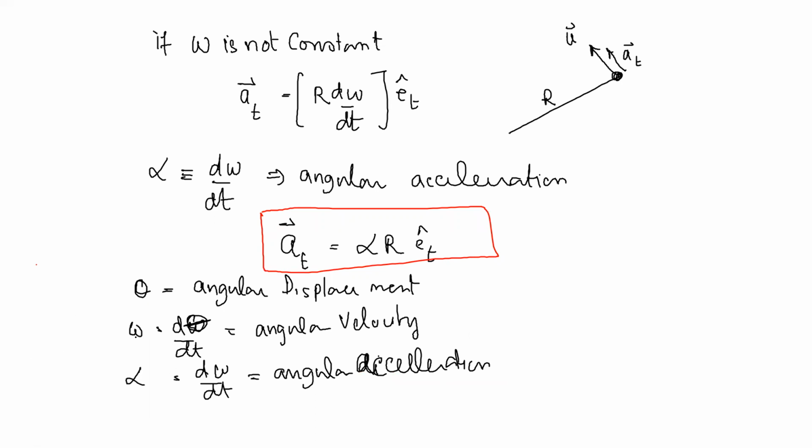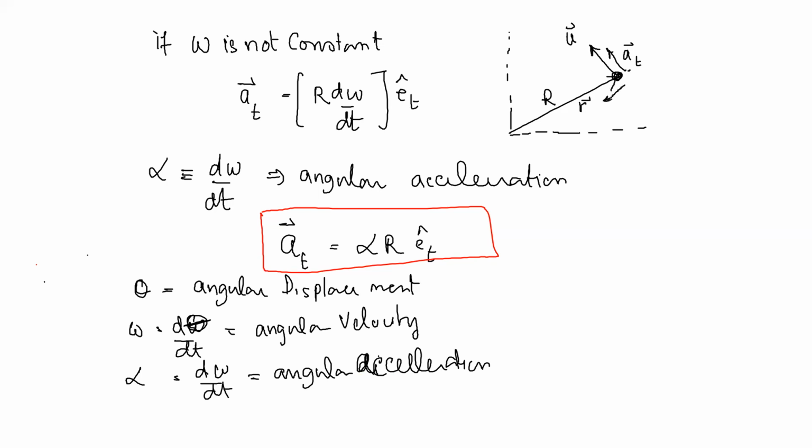Suppose the particle is at this point, and suppose this is the x-axis, this is the y-axis. This is vector r. And then this is vector v, or velocity. And then you have two accelerations.